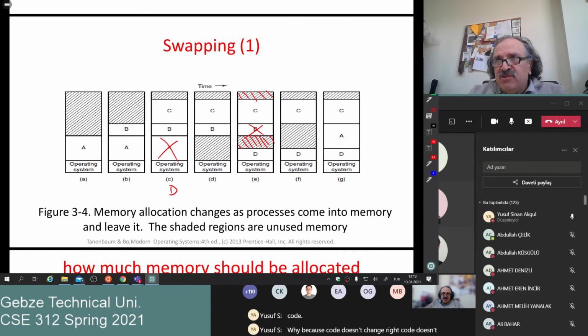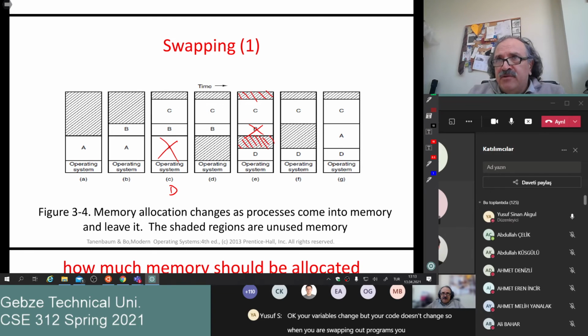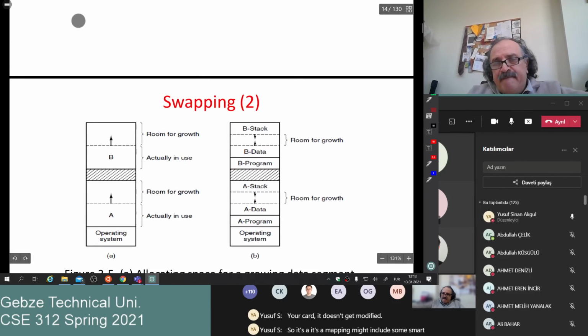Your heap changes, your stack changes, your variables change, but your code doesn't change. So when you are swapping out programs, you only swap out your modified data. So swapping might include some smart decisions like these.